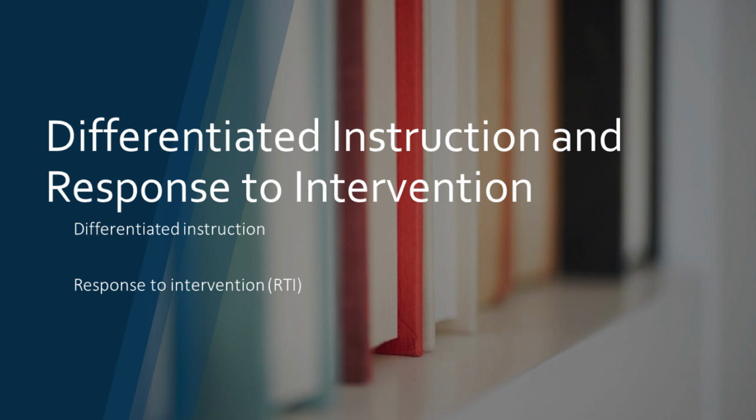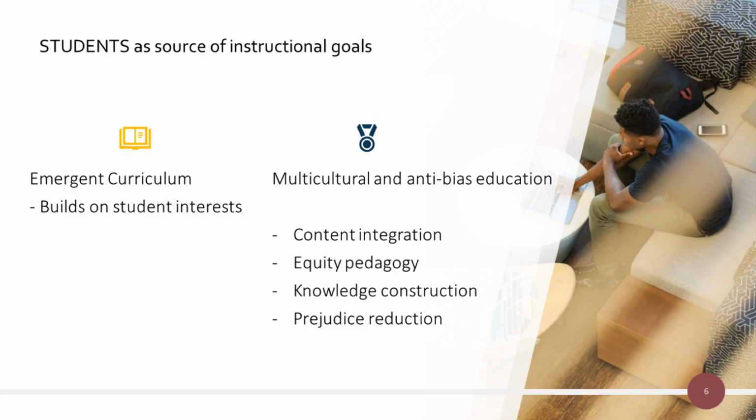Now, I want you to think in terms of students as a source of instructional goals. We've talked about instructional goals and objectives as if they are selected primarily by educators and teachers and not by students themselves.